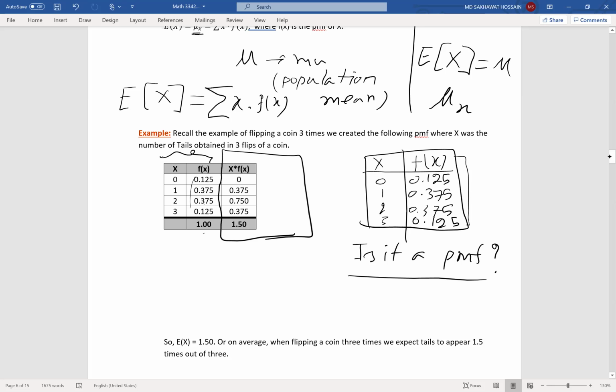And if you add all of them together, the sum will be exactly equal to 1. If this table doesn't satisfy these two conditions, then it is not a PMF. It is not a probability mass function. Is it clear?